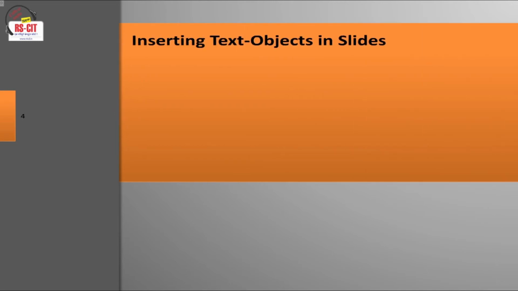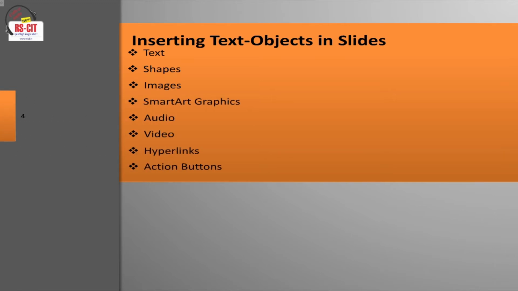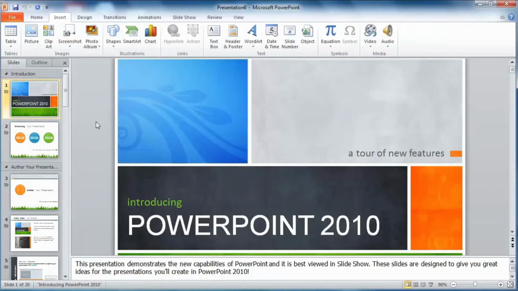Inserting text or objects in slides. In this section, we will learn about inserting various objects in a slide like text, shapes, images, SmartArt graphics, audio, video, hyperlinks, action buttons. Adding a text box.